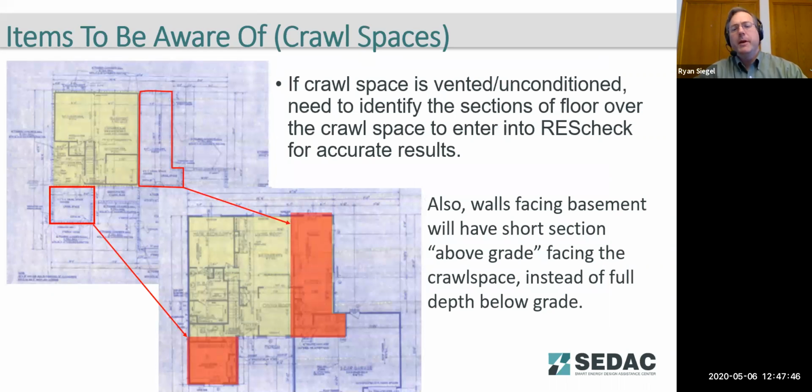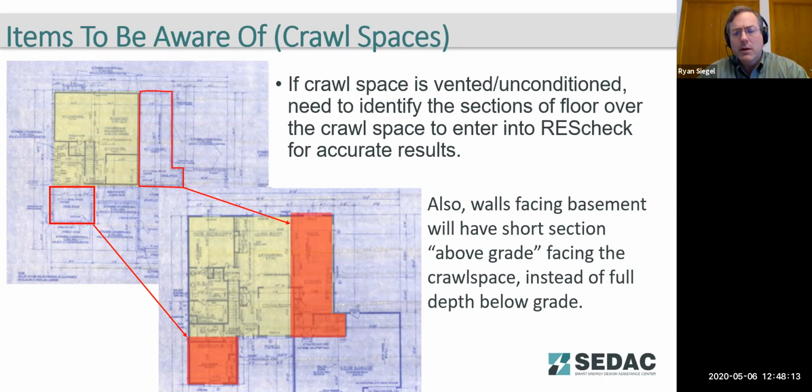As far as crawl spaces, if they're vented and therefore unconditioned, then we need to make sure that we're calling those out and entering that properly into REScheck. So the floor above the crawl space would need to be entered, as well as the wall between the conditioned basement and a crawl space.